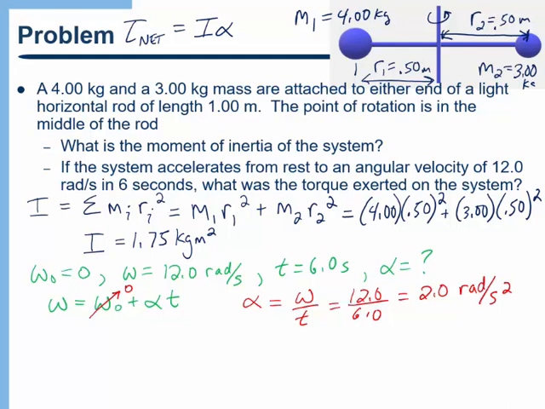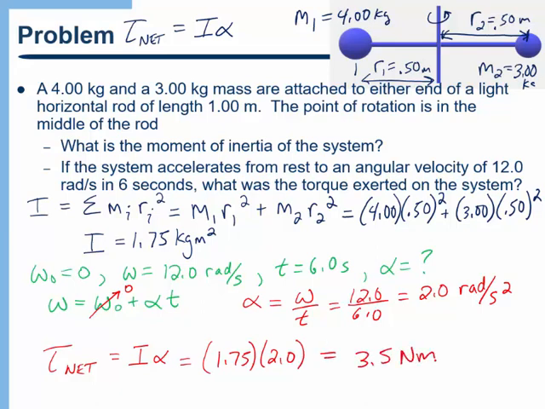Once I've got alpha, then I can figure out what was the net torque that caused this acceleration. So I've got I times alpha, 1.75 times 2, and we end up with a net torque of 3.5 Newton meters.